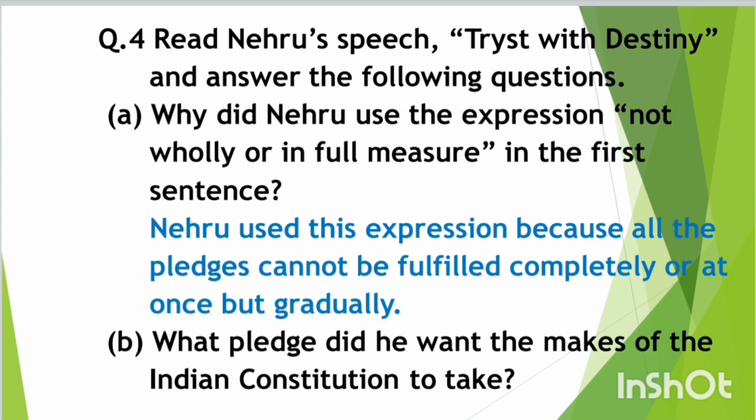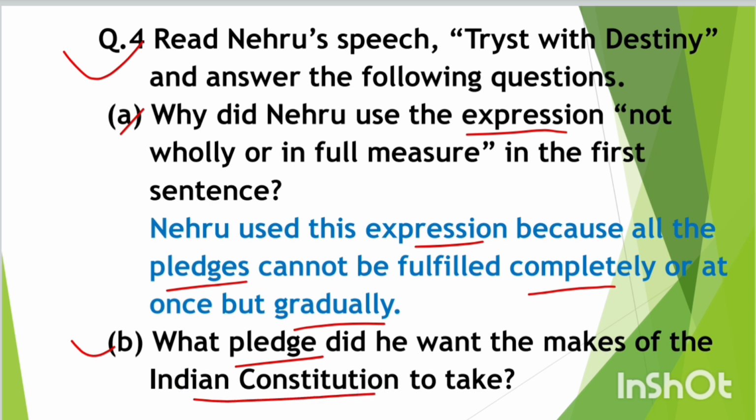So next, question number 4: read Nehru's speech, trace it with scrutiny and answer the following questions. First, why did Nehru use the expression "not wholly or in full measure" in the first sentence? Answer: Nehru used this expression because all the pledges cannot be fulfilled completely or at once, but gradually. Next, B: what place did he want the makers of the Indian Constitution to take?